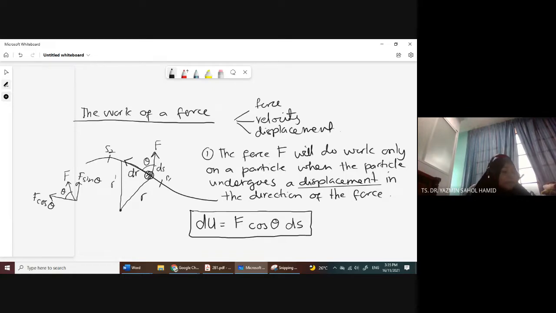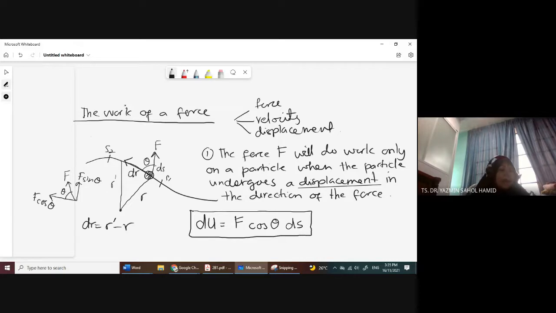As you can see here, the force F that you see here is actually causing the particle to move along the path S, moving from one position to another position. So the displacement is dr, equal to r prime minus r.